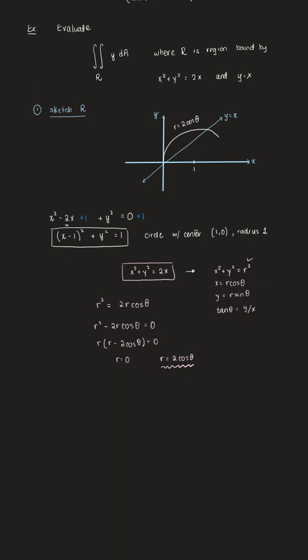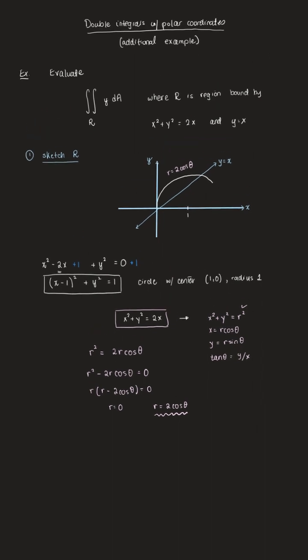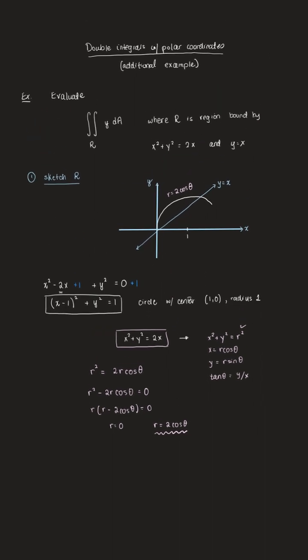And now we're ready to think about the limits of integration. So let's go back up to our sketch. We want to find some bounds for r and some bounds for theta. We'll start with r. If it's r-simple, I would like to be between two functions of r in terms of theta.